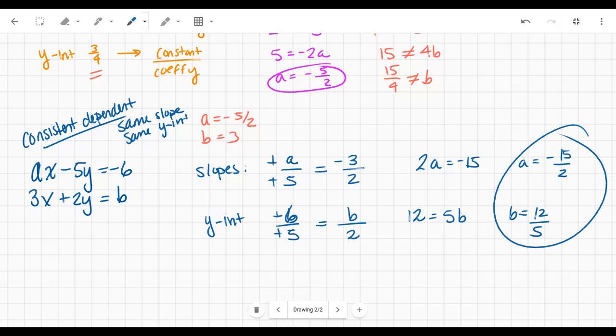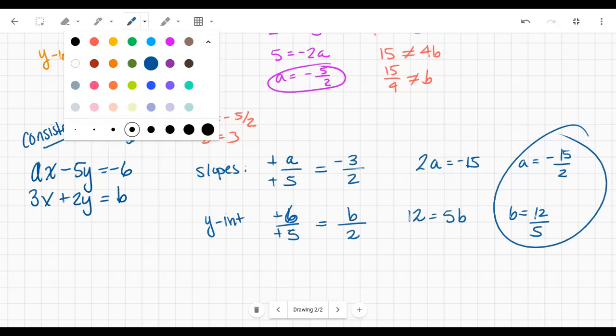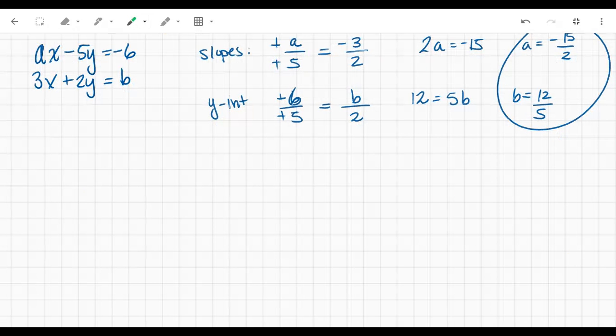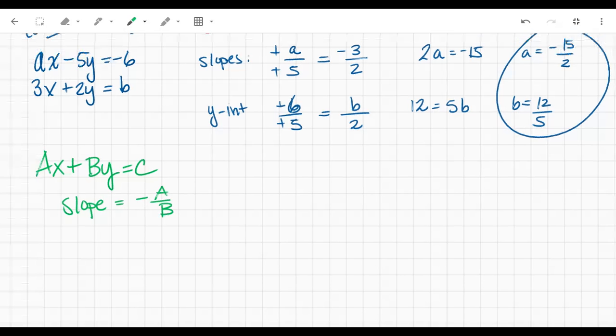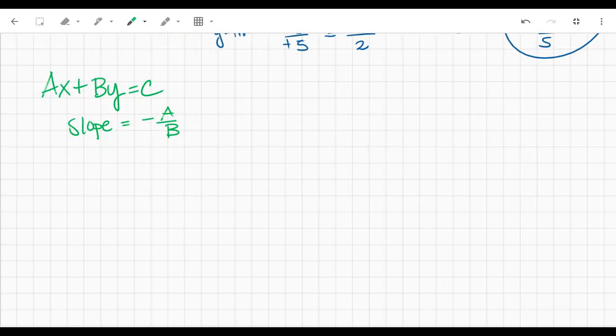All right, so let me summarize again. When we have ax plus by equals c, the slope is negative a over b. Your y-intercept is c over b.